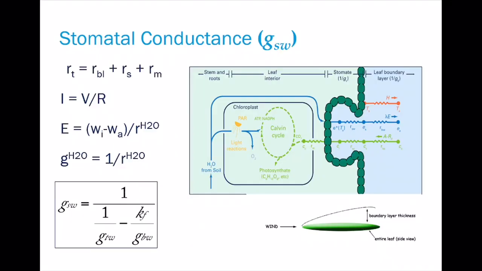And so we have a table that the instrument uses to pull the right boundary layer conductance. So we know what our total conductance is. We subtract out our boundary layer conductance. We know what the ratio of stoma is from one side of the leaf to the other. And then we can calculate what our stomatal conductance is.